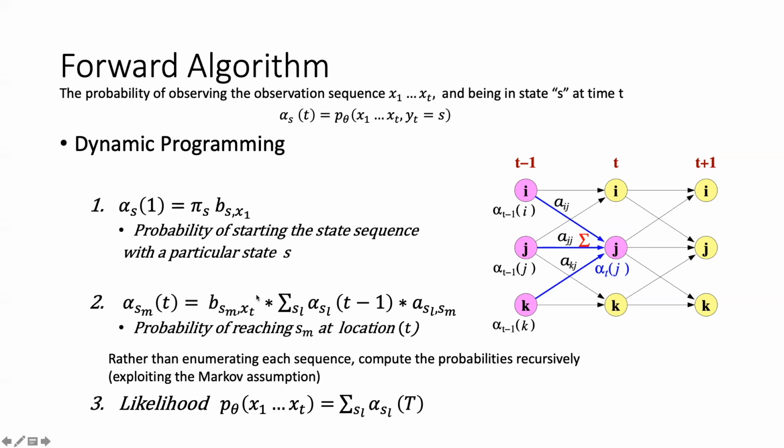Similarly, for alpha s of t from the initial state to the successive states, we can make use of a recursive approach using the previous alphas and compute it efficiently rather than enumerating each sequence. Compute the probabilities recursively using the Markovian assumption. That's the idea here.